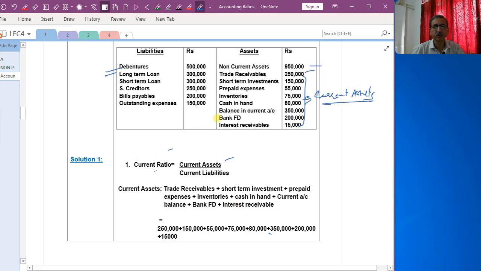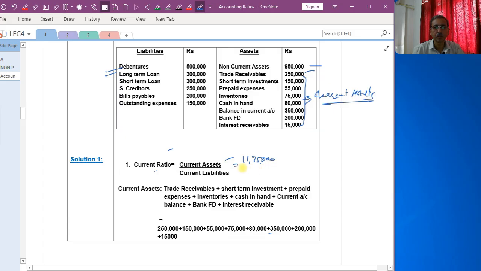When we add all these current assets, 2,50,000, 1,50,000, 55,000, 75,000, 80,000 is cash in hand, 3,50,000 is bank balance, 2 lakh is bank FD, and interest receivable is 15,000, the total comes out to 11 lakh 75,000. So I will write here 11 lakh 75,000.